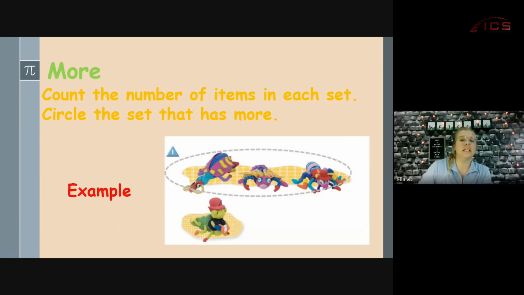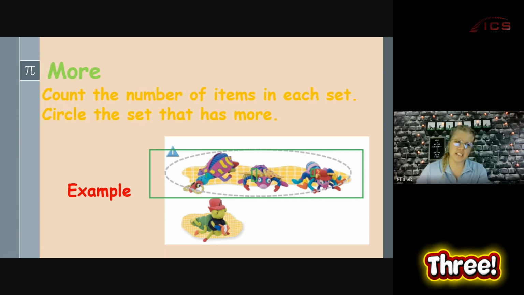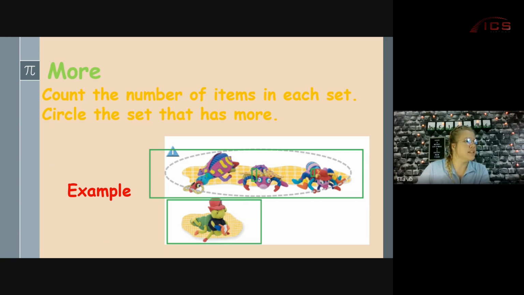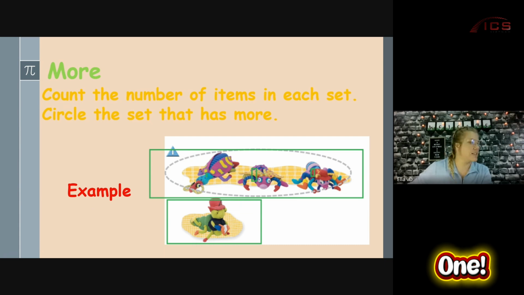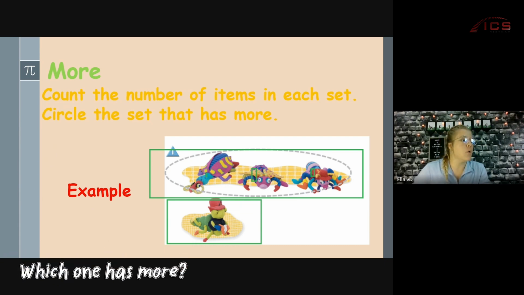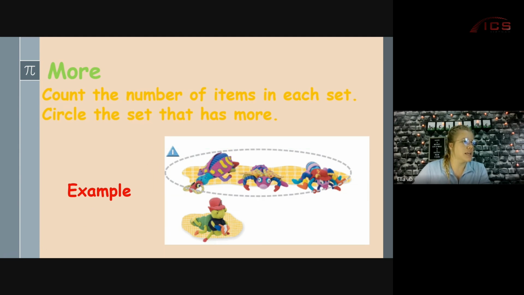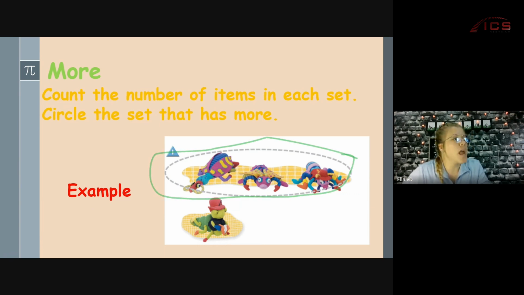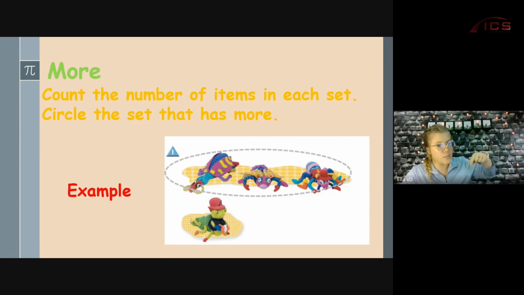Example. We've got the top one over here that has 1, 2, 3 spiders and insects. And the bottom one only has 1 insect. Which one has more? Let's show you with a pen, the top one. So we'll circle the top one. When I ask you to answer for me now, I need you to tell me, is it the top one or the bottom one?